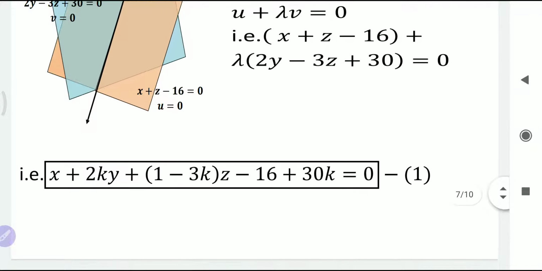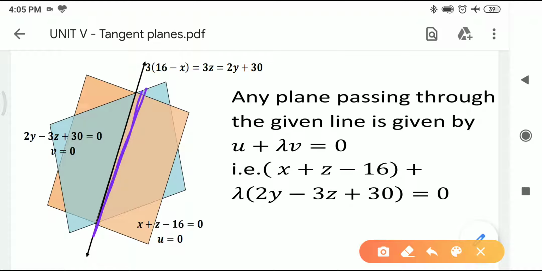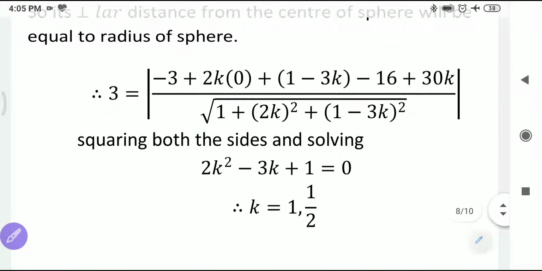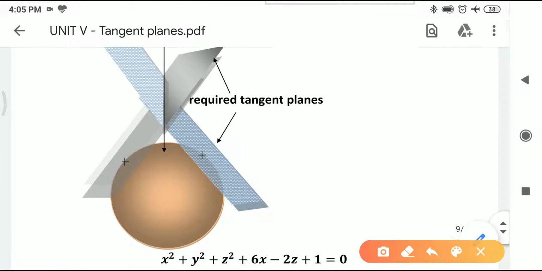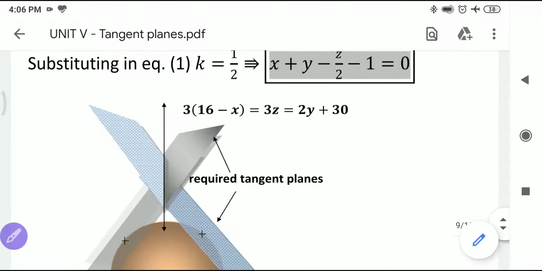You can observe in this diagram the blue one and the orange one are the two planes, and their intersection is this line. The sphere is passing through that line.